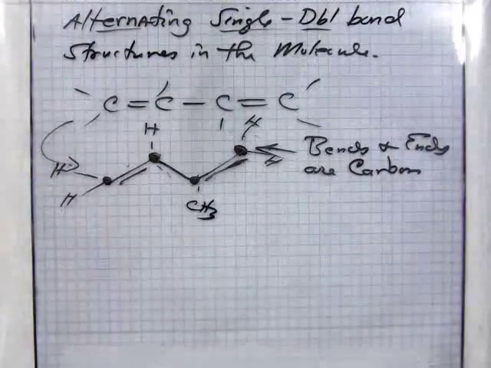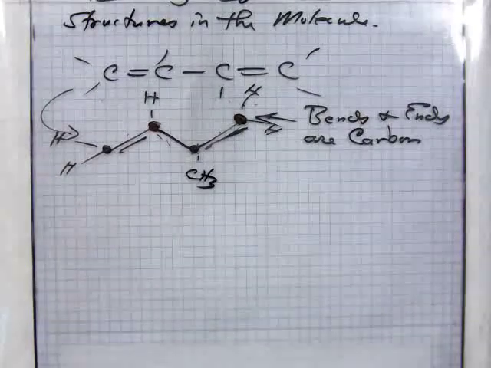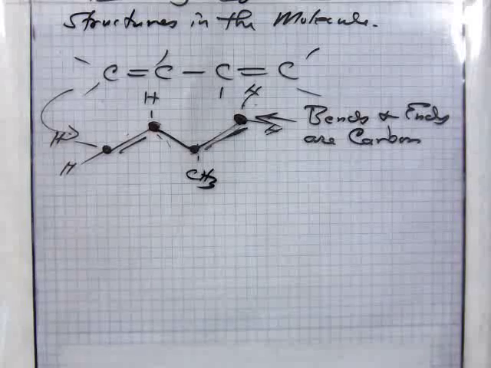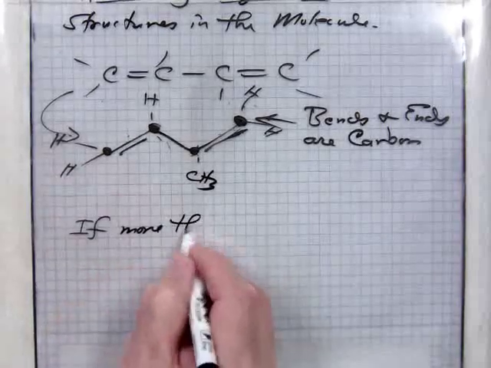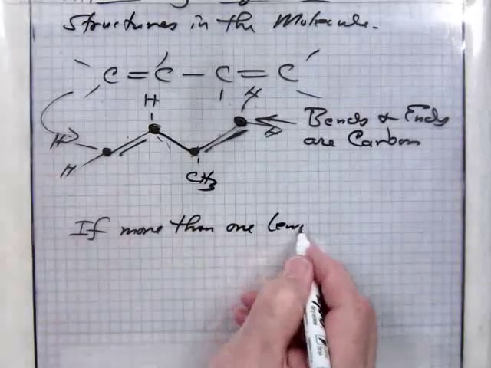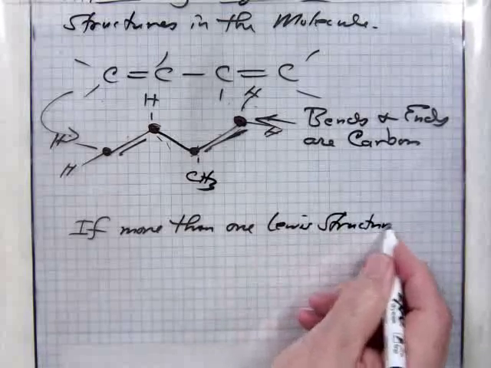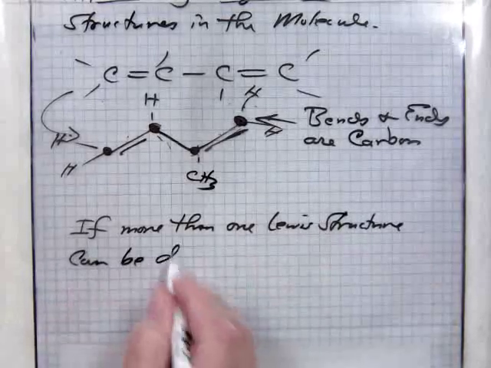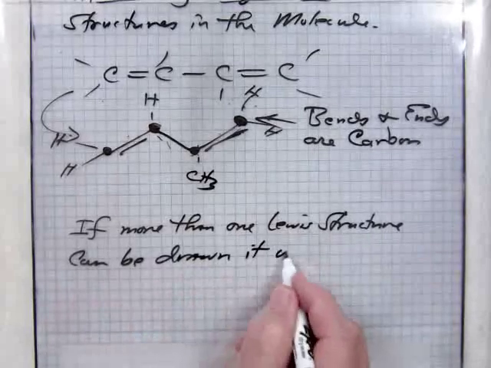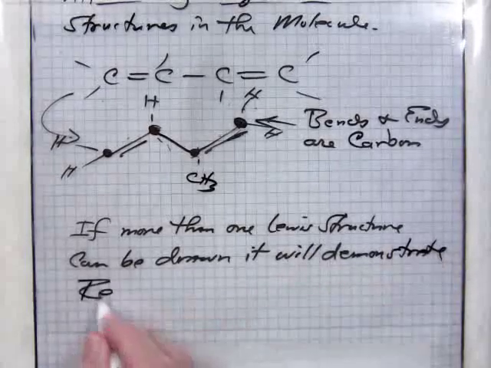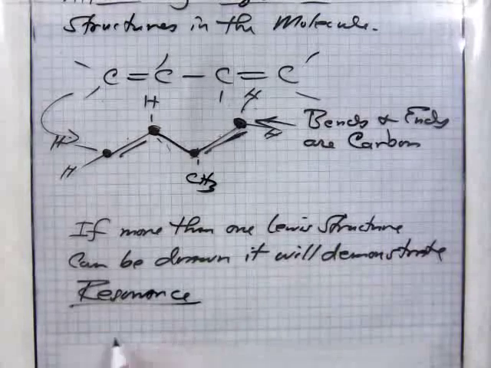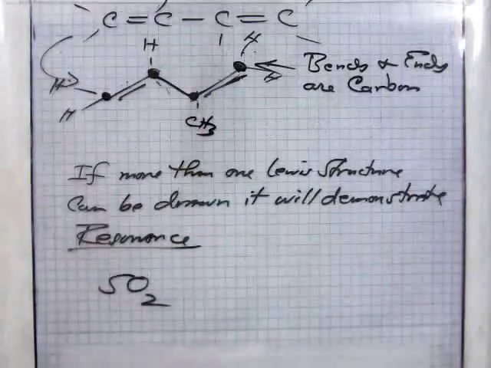One of the final notes in resonance is if a molecule has more than one Lewis dot structure, or more than one Lewis dot structure can be drawn, then it has resonance. For example, SO2, sulfur dioxide.